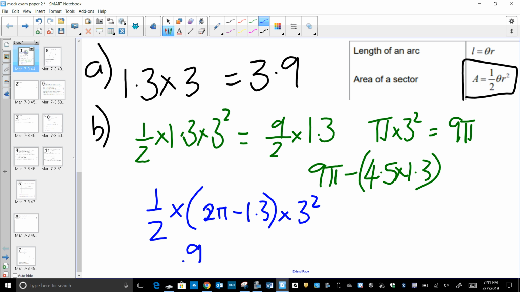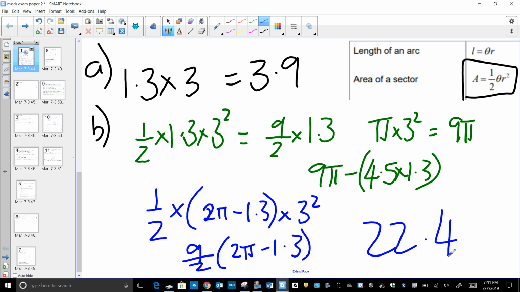This gives you 9 over 2 multiplied by 2 pi minus 1.3. Anyway, you get the same answer. Okay, there you go, which is 22.4. Just FYI. Okay.